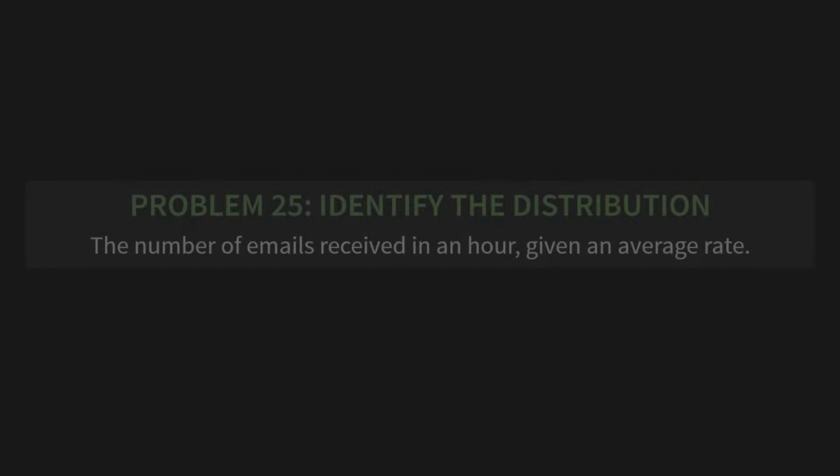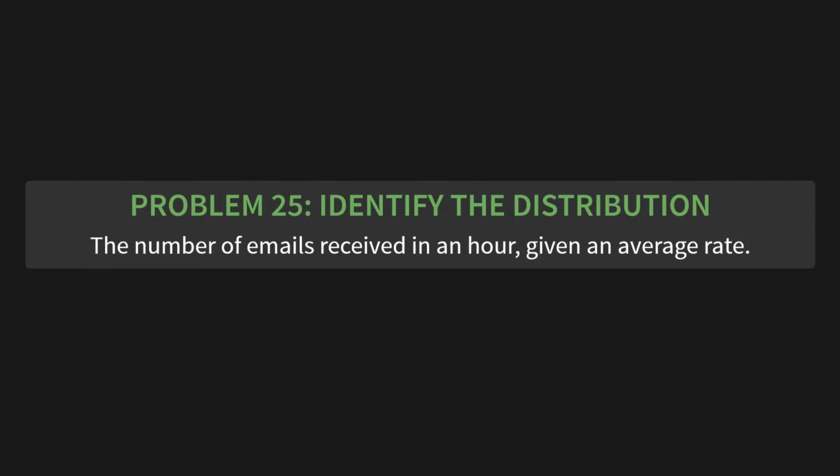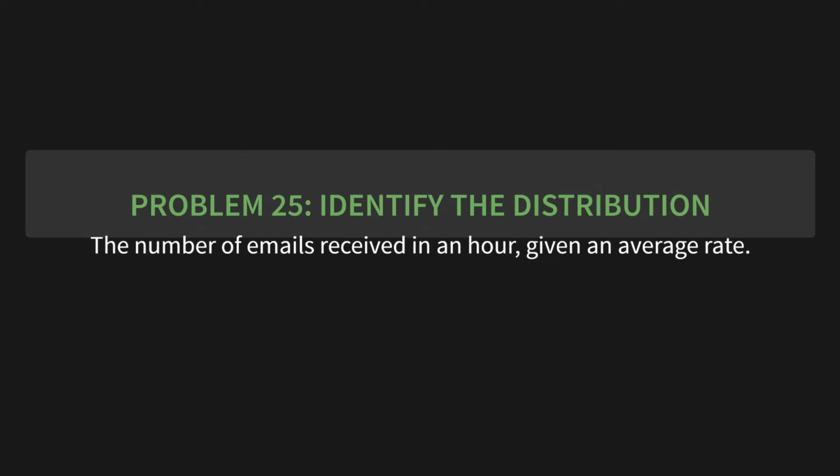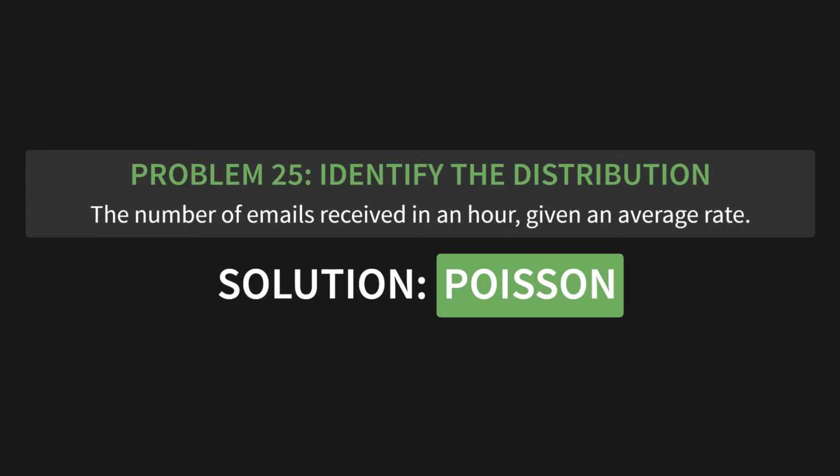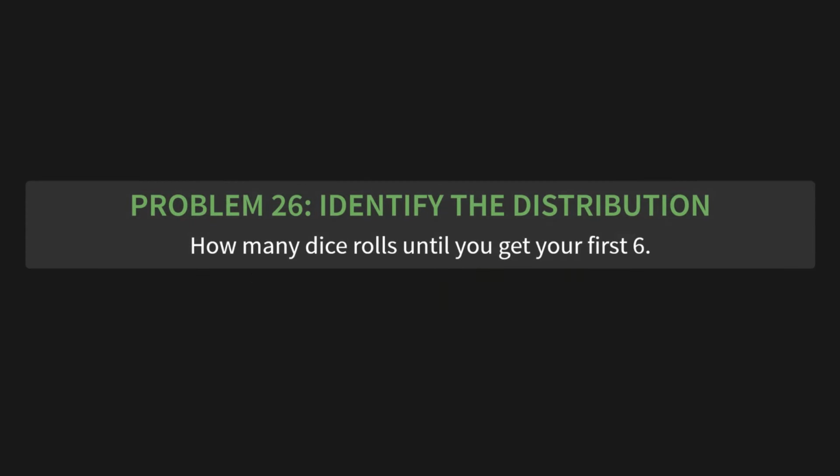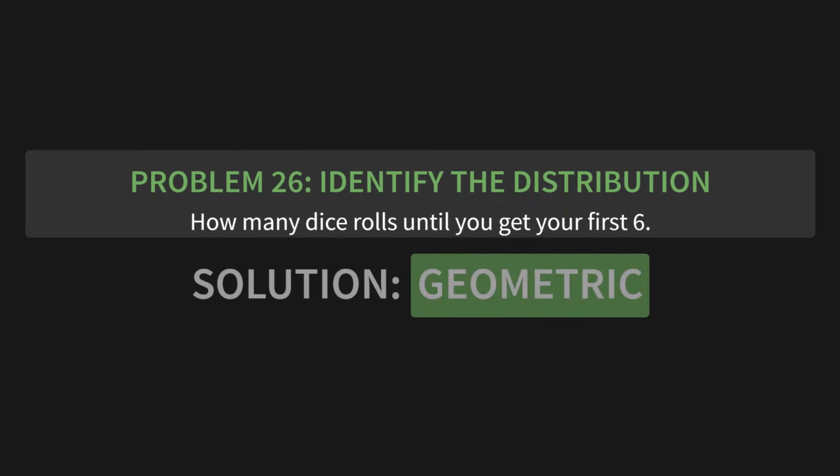The number of emails received in an hour given an average rate. Poisson distribution. How many dice rolls until you get your first 6? Geometric distribution.